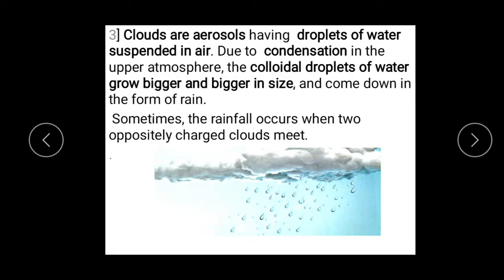The third, clouds are aerosols. Aerosols we have already taken up in the previous presentation. Clouds are aerosols having droplets of water suspended in air, and due to condensation these colloidal droplets of water grow bigger in size and they come down in the form of rain. And sometimes rain occurs when two oppositely charged clouds meet.